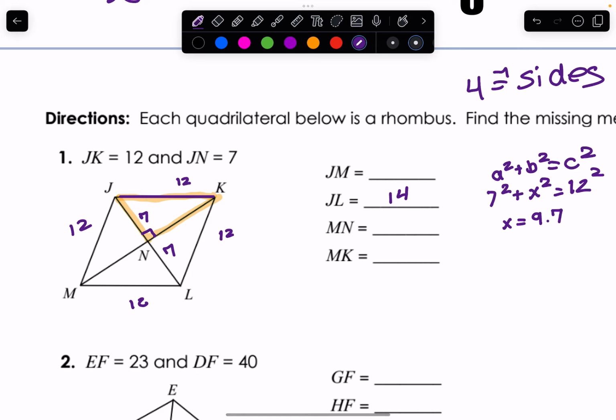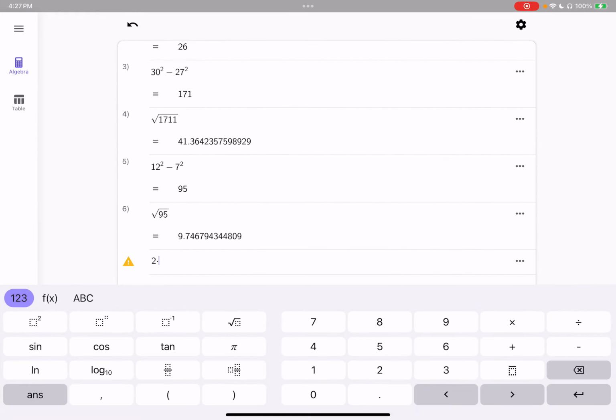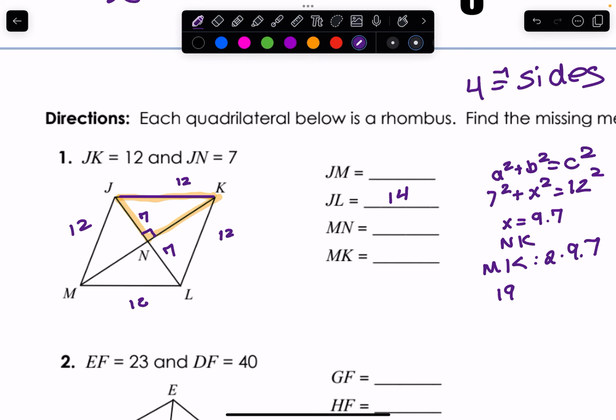So that is the measurement of NK. MK is going to be 2 times 9.7, which gives me 19.4. So MK is 19.4, MN would be the same as what we found for NK, and JM is 12.